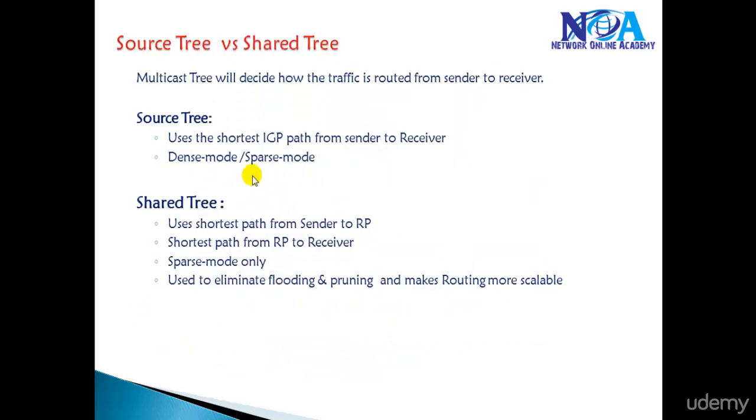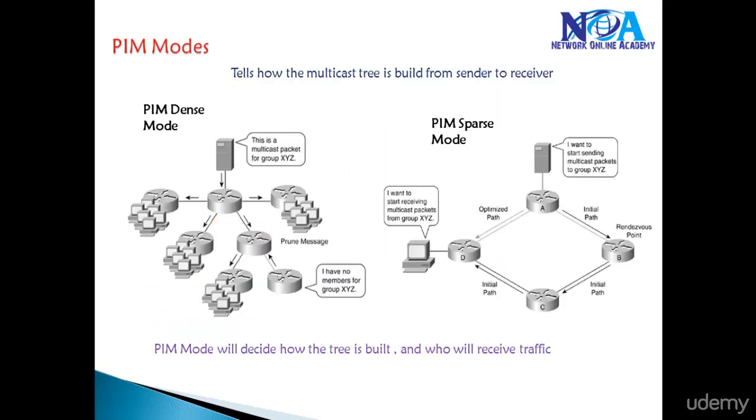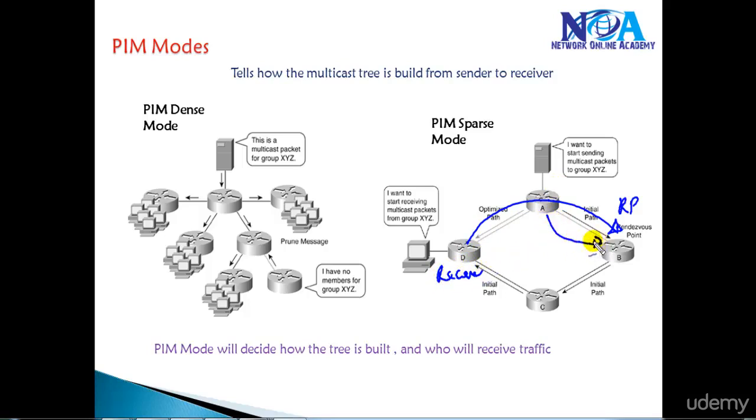Now the source tree is the one which uses the shortest path from sender to receiver based on the flood and prune behavior, which generally happens in your dense mode. In case of sparse mode, if you remember, we discussed that it's not going to do flood and prune. Instead they are going to register with an RP router, and the multicast receiver will join with the RP, and the server also is going to join with the RP.